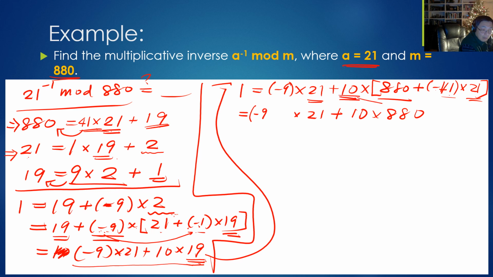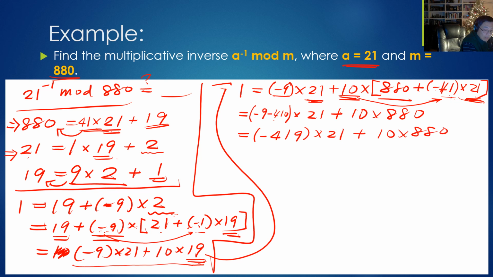It's 10 times the minus 41, so it's minus 410, right? So that's the coefficient of 21. So minus 9 plus, it's actually plus minus 41 times 10, so it's 410. Which is minus 419 times 21 plus 10 times 880.